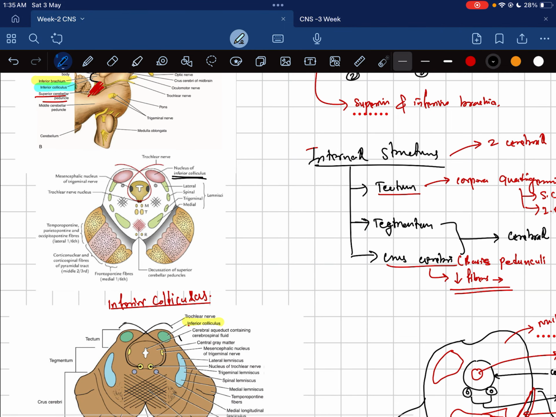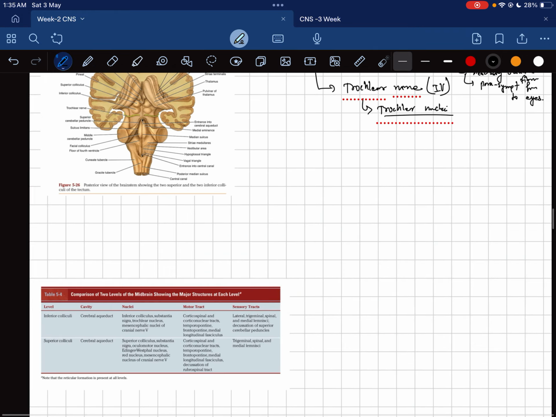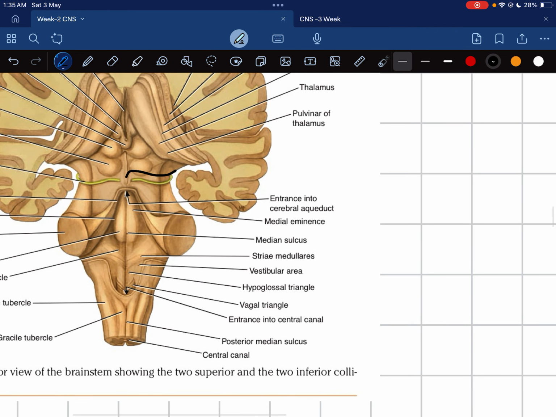Moving on to the summary in this chart: the trochlear nerve comes out from the posterior and goes to the anterior through the lateral side of this midbrain.